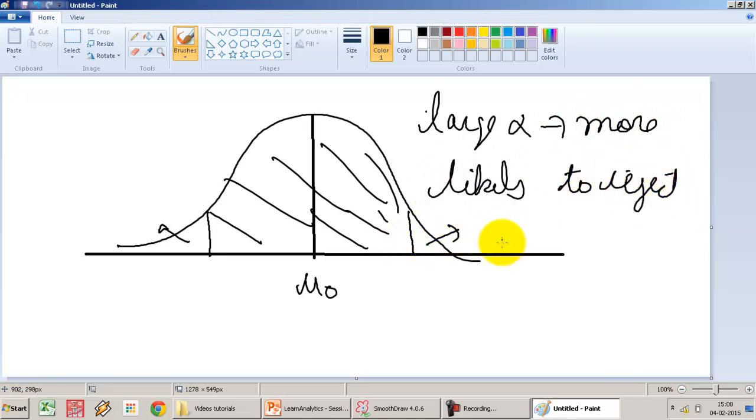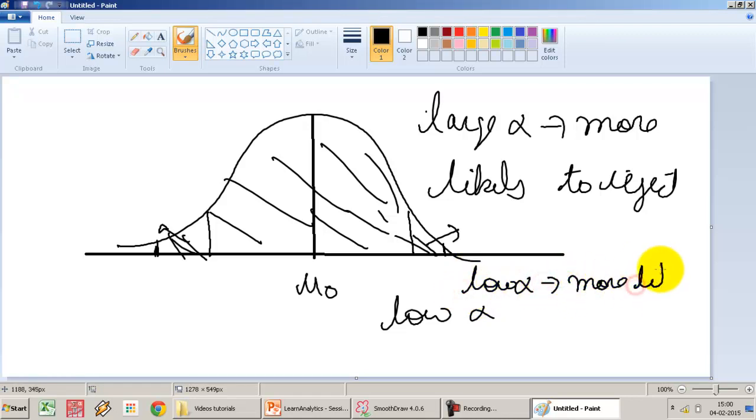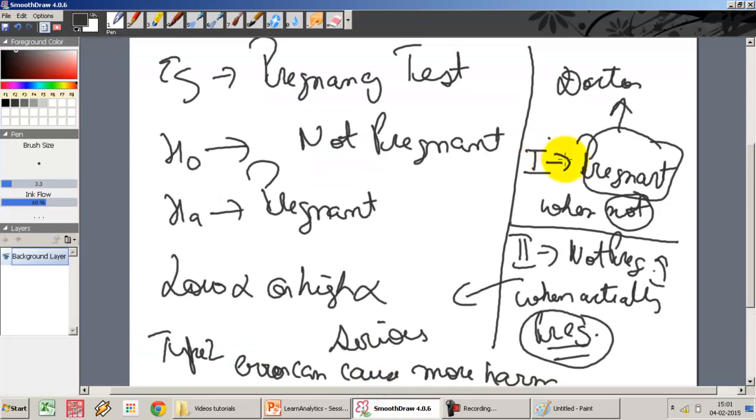But if I have a low alpha, my rejection region goes even smaller, so I am going to accept more. So with a low alpha, I am more likely to accept. And what is my null hypothesis? The null hypothesis is not pregnant.